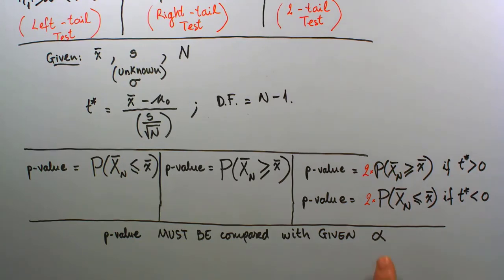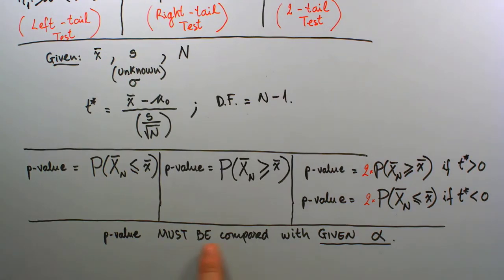Alpha throughout my examples is the formal symbolic expression for significance level. And usually it's given somewhere throughout the given problem. And then we can use that comparison here to make our final decision about strong evidence or not.